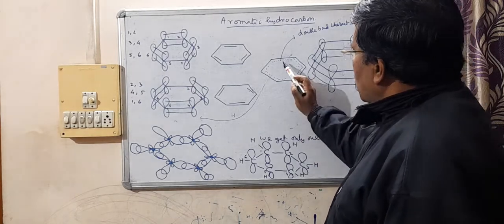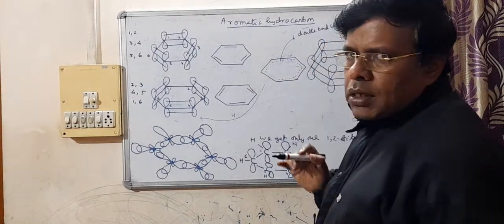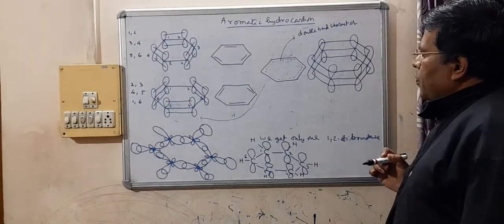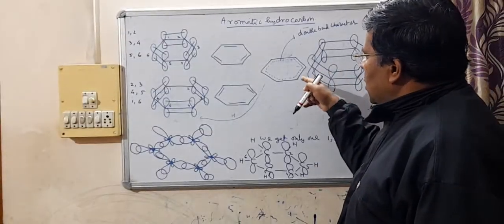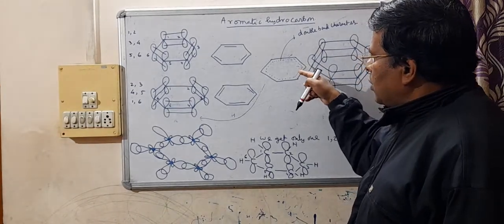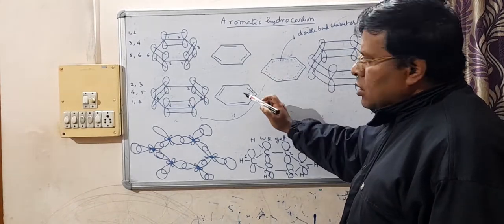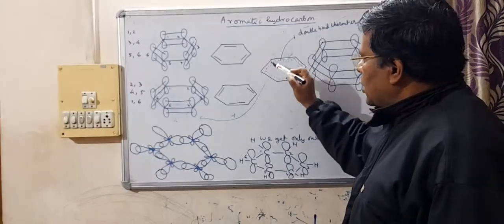Means this bond is stronger than a single bond but weaker than a double bond, and this is the actual benzene, it is said. That means benzene is not this one, benzene is not this one, this is the actual benzene.